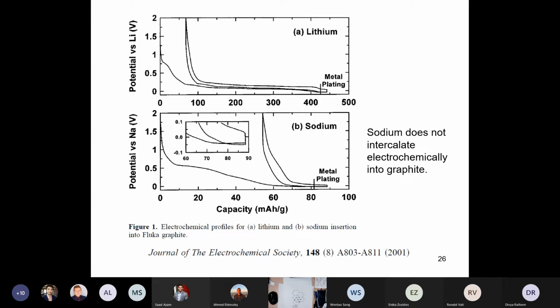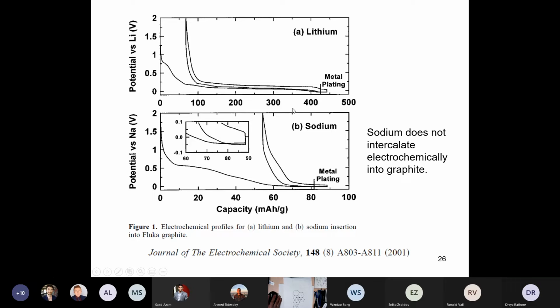Okay, so now we get to a really interesting thing, which is the fact that lithium intercalates nicely into graphite, as I've been showing you. So this is the first lithiation and delithiation coming out, back and forth. There's some irreversible capacity due to reactions between the lithium and the electrolyte at the surface of the graphite, but don't worry about that for now.